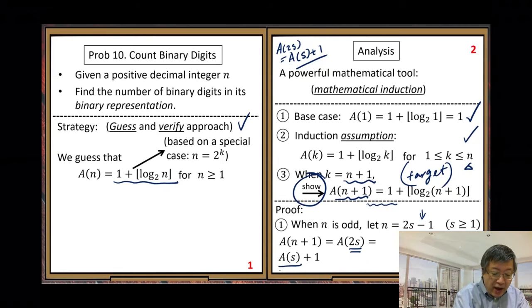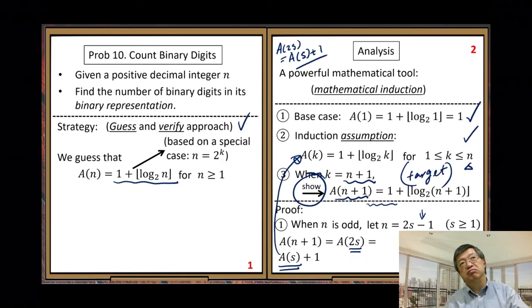Then A of s, we can get the expression from step 2, the induction assumption. Why? Because s is in the range. We can easily check that s is in the range. So we can use the formula from step 2, replacing k by s, plus 1, so plus 2.